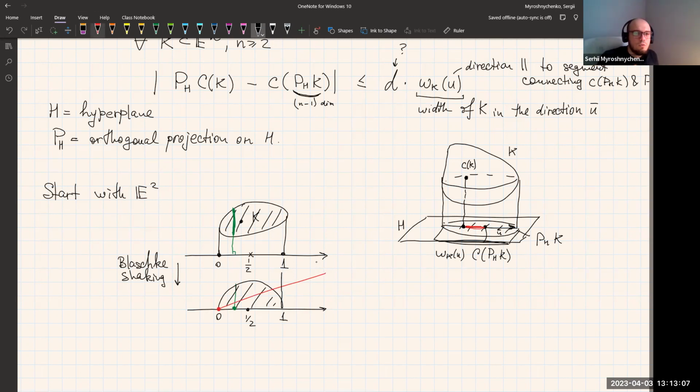The picture doesn't show it really well, but the ray that I'm trying to find is the one that gives me the same area of this region and the same area of this region. Clearly, such a ray does exist because we can always look at the difference of these areas and find the point where it's 0.